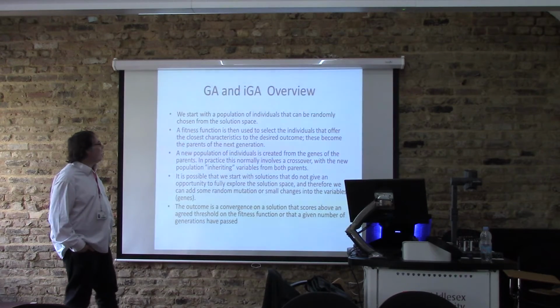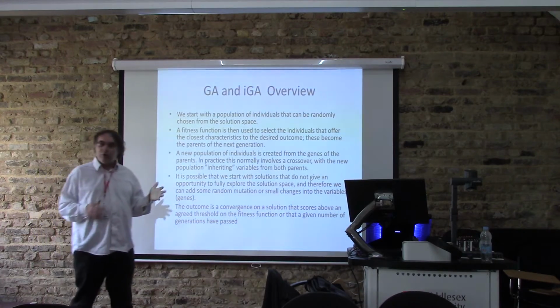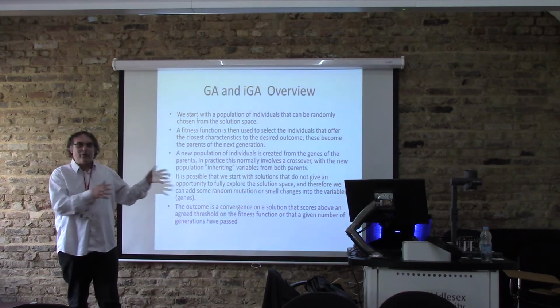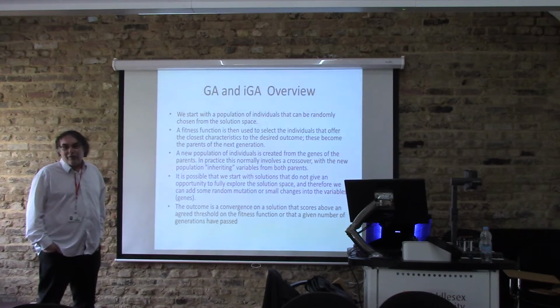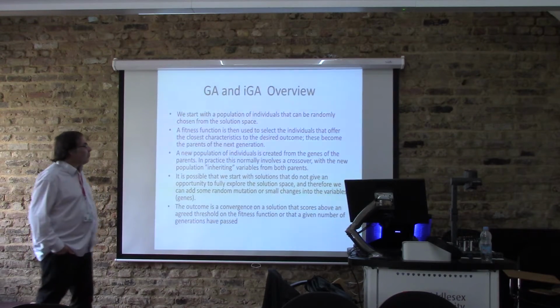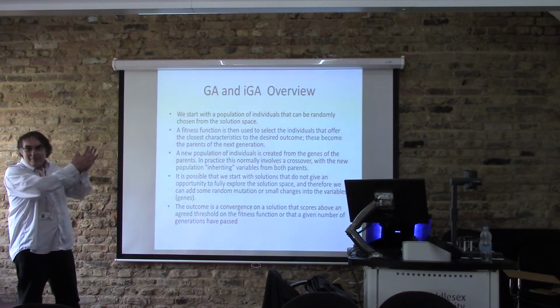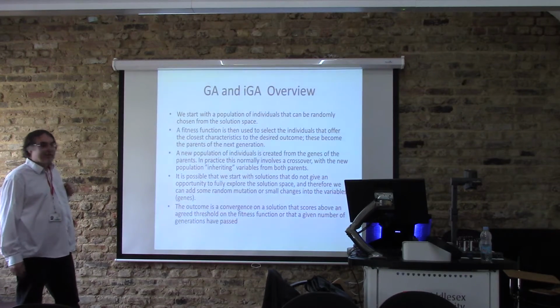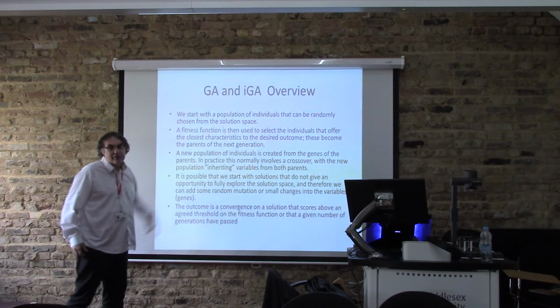Once you've got your initial population, you can pull out those individuals that seem to be fit for purpose, and then use a genetic process of combining sections of their variables, the DNA as it were, to create a new population.